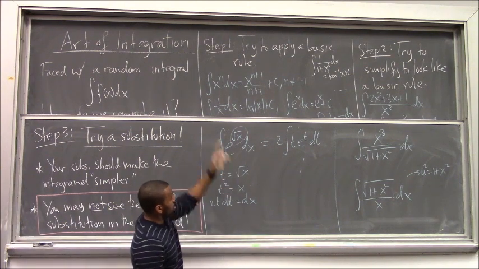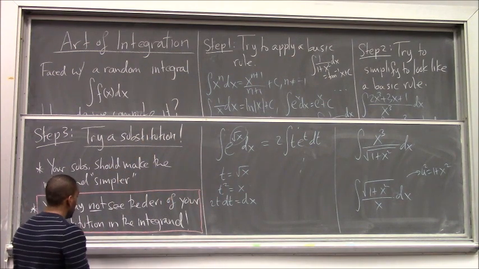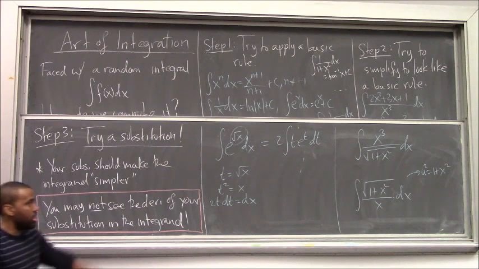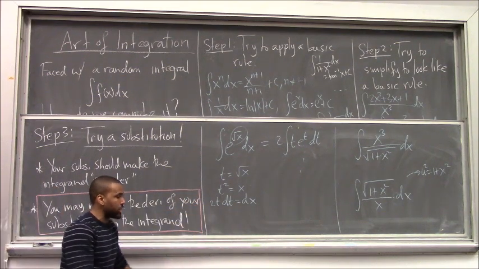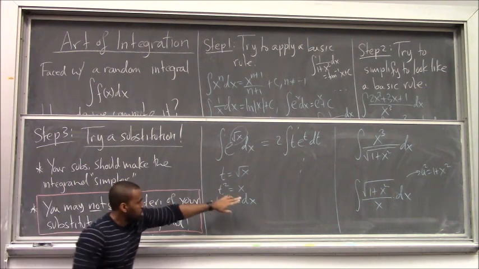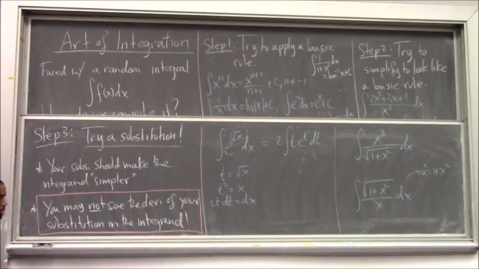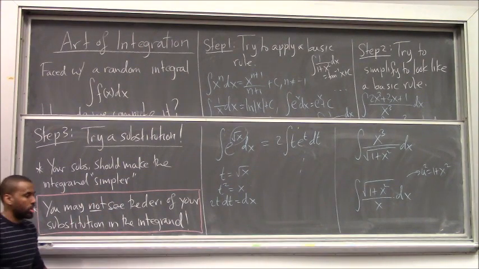You want it to look like something that you have in step 1. So that's your first consideration. Then you try to deal with the minutiae. How do I get the dx? And sometimes you can multiply and divide by something. Sometimes you just solve for the x and then just directly derive that and get the dx. There are multiple options. But you always want to try this third.